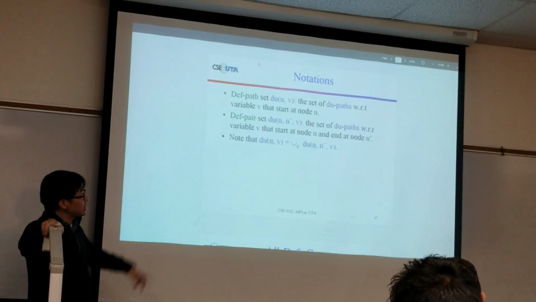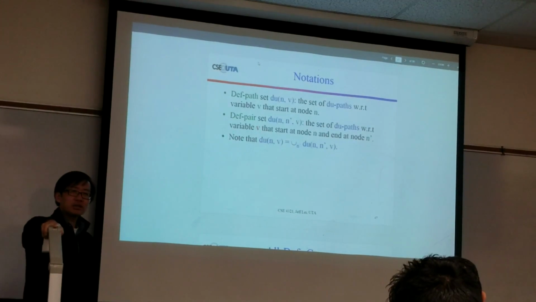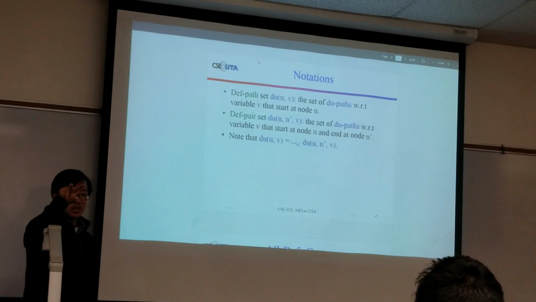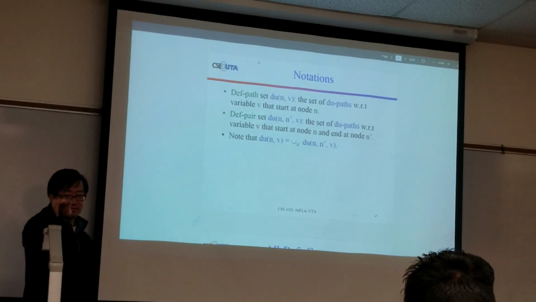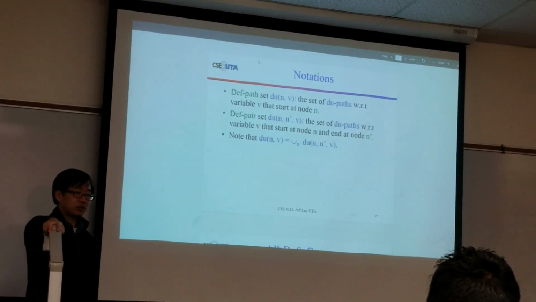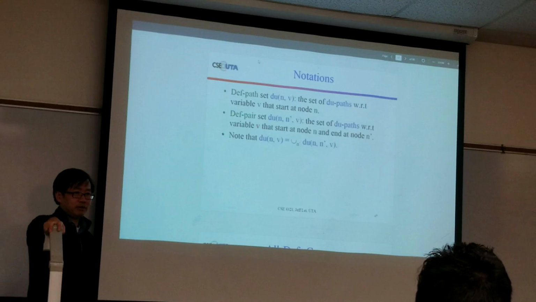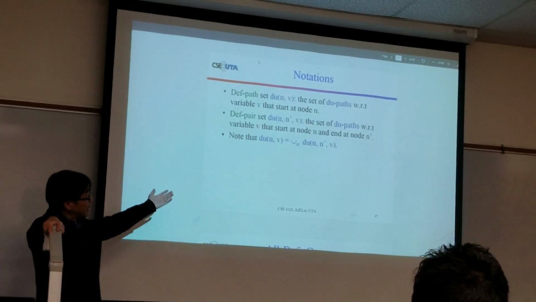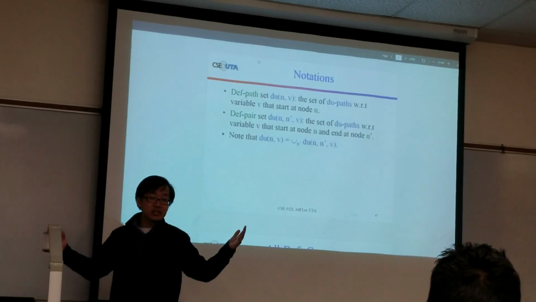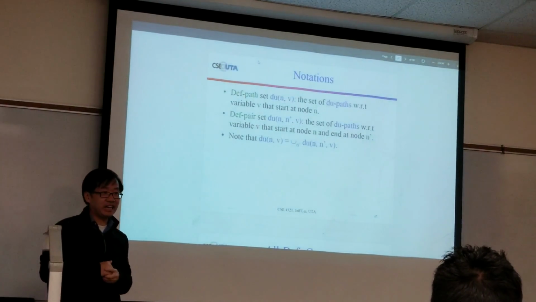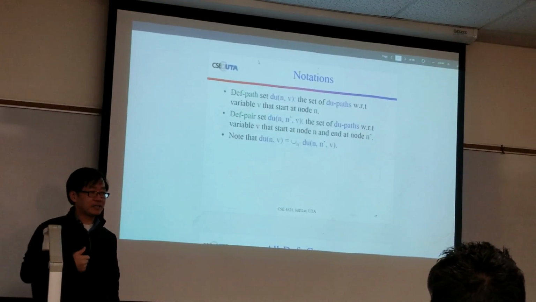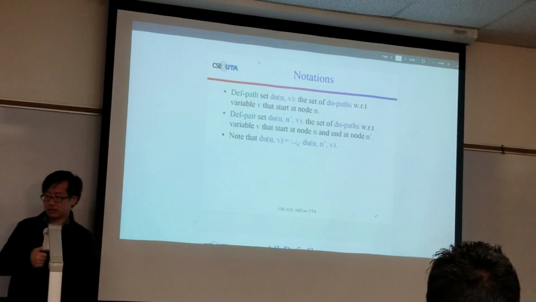So this notation includes all the du paths between two particular nodes, that start from a given node and end at a given node. By definition, you can see the relationship between these two notations, because the first notation does not specify the ending node, while the second notation specifies the ending node as well.